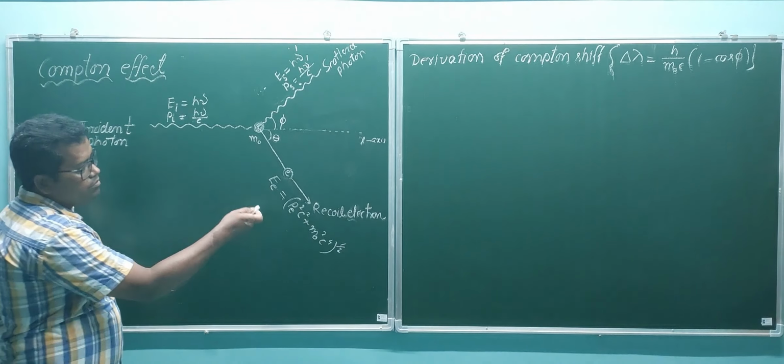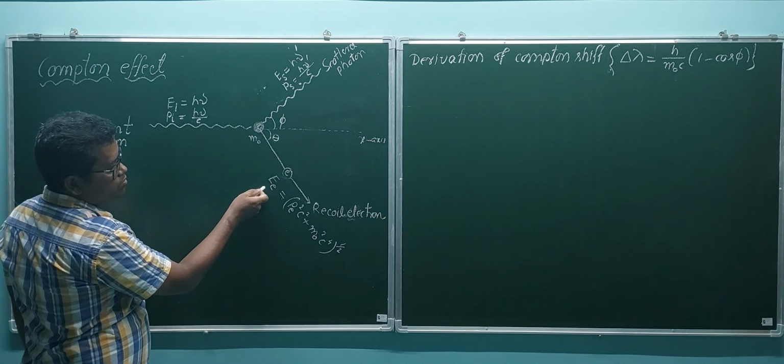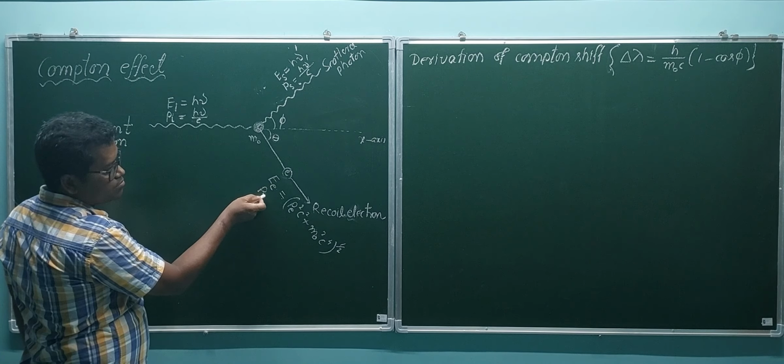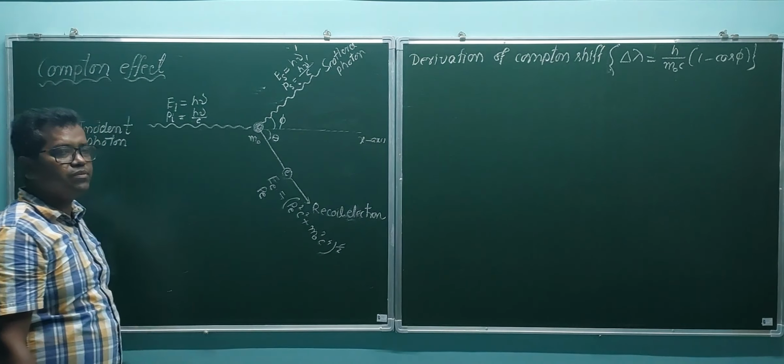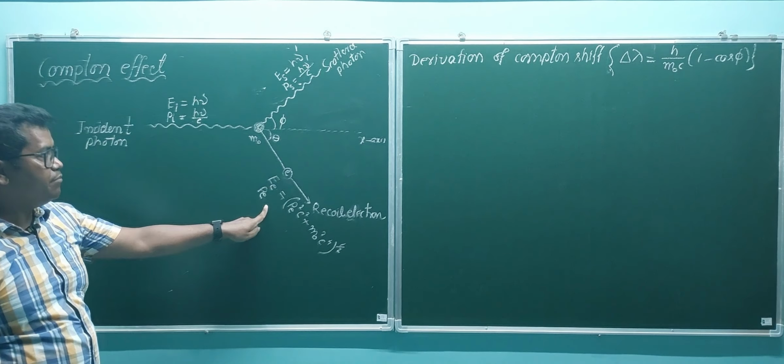And the momentum of the recoil electron is written as pe.